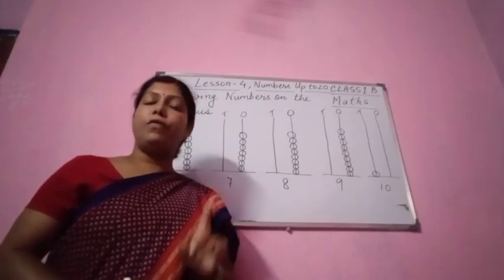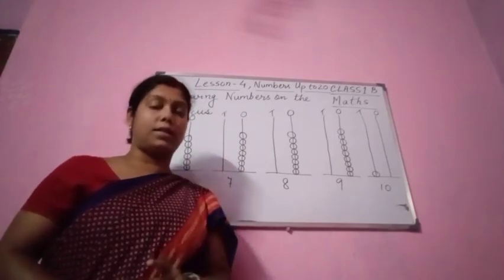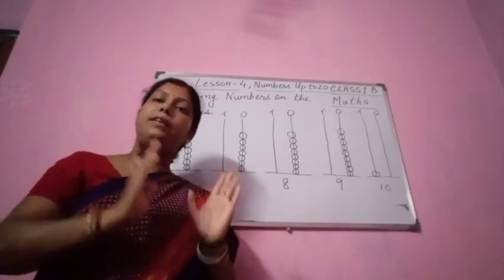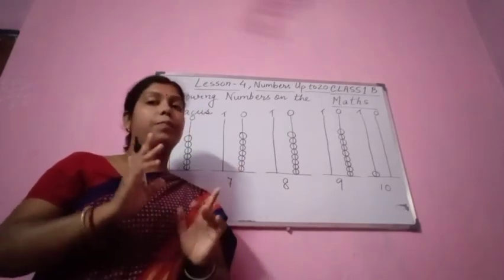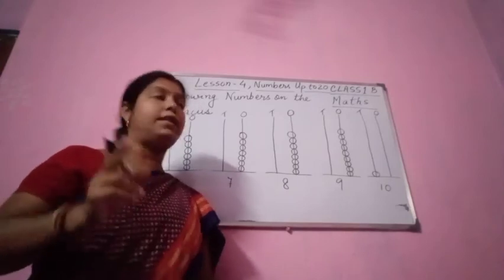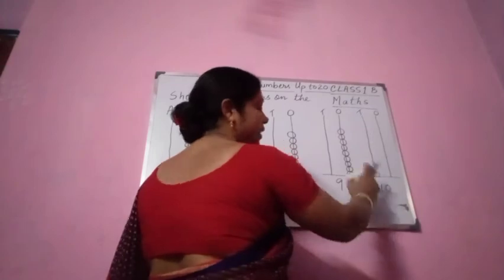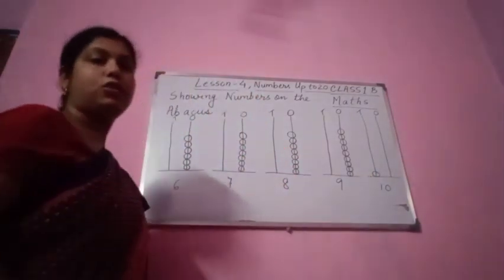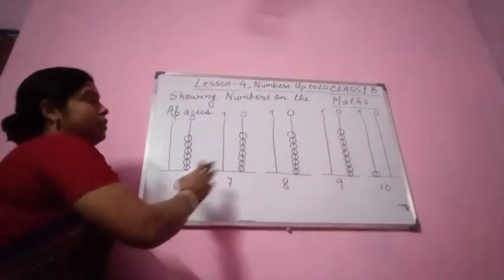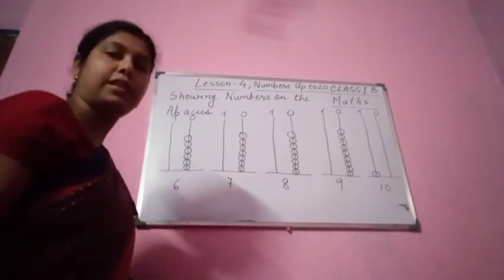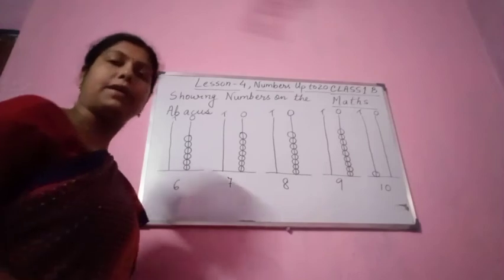One bead will represent 10 ones. Remember, 10 ones means 1 ten. So this is the place of 10. One bead will represent 10. So we have drawn from 6 to 10 on the abacus. We have represented from 1 to 10 on the abacus.